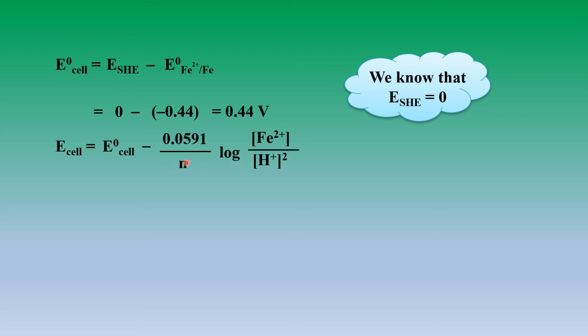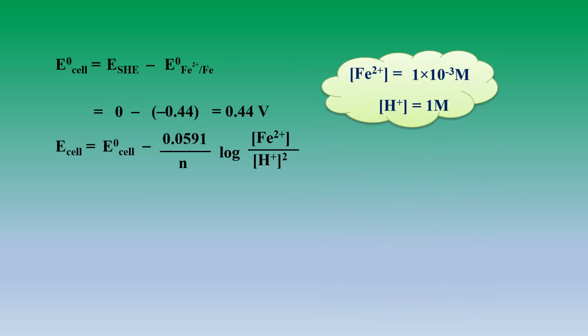Let me substitute the value of E naught of cell that we calculated, and n value is 2, along with the concentrations of Fe2+, 1 into 10 to the power minus 3, and H+, 1 molar. The equation becomes E cell is equal to 0.44 minus 0.0591 divided by 2 log of 10 to the power minus 3 divided by 1.